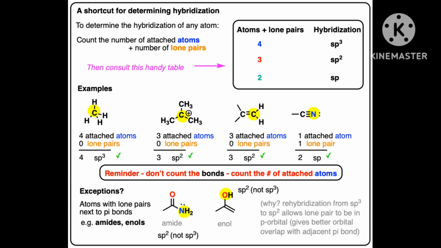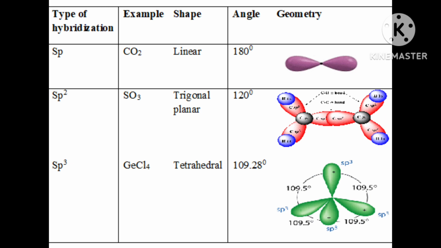Single bond means sp3. sp2 means double bond. And sp means triple bond. Okay, sp3 means single bond, sp2 means double bond, sp means triple bond. Now by seeing the molecule you can tell.